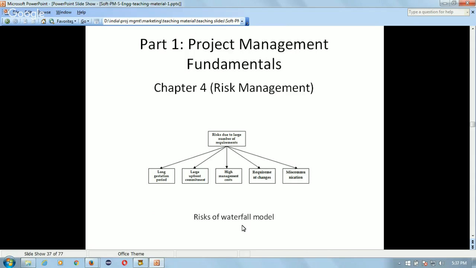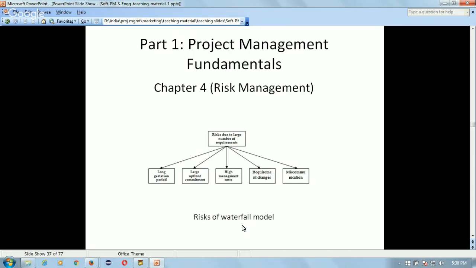High management cost. Waterfall models employ a large project team, because they need to develop a lot of things in the time period, and definitely they need a lot of resources to work on those tasks. So that means you also need more people to manage the project team, like say 50 developers, software engineers are working.